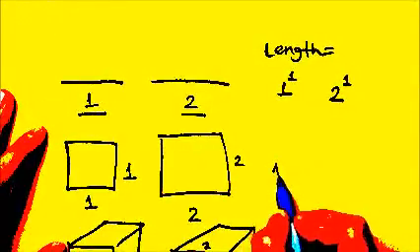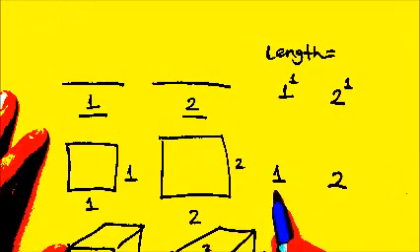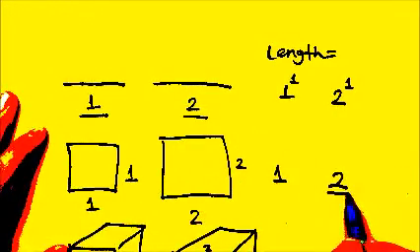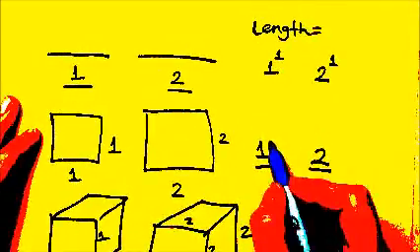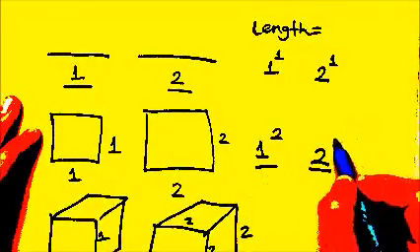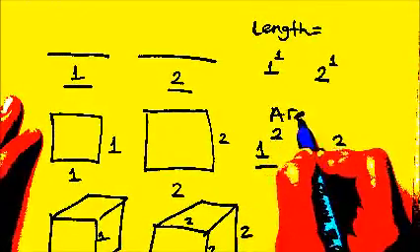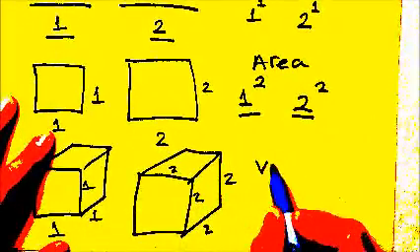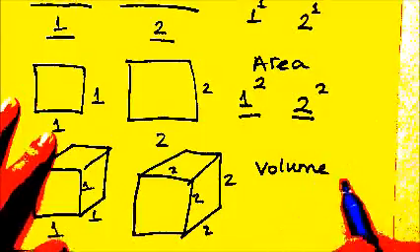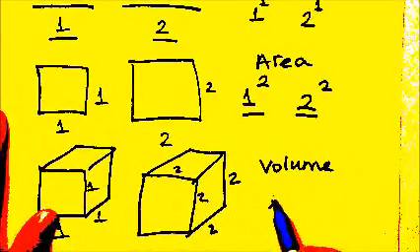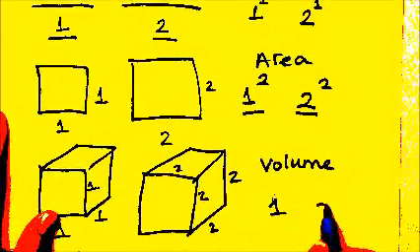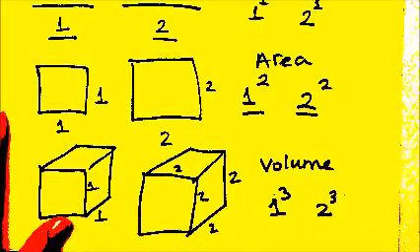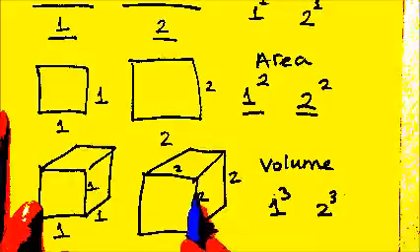Now here it's going to be again 1, 2, because we scale this by 1 and we scale this by 2, and this is going to have a power of 2 to find the area. And then when we're finding volume here, we scaled it by 1 here, and then we scaled it by 2 here, and so we're going to cube these to find the volume.